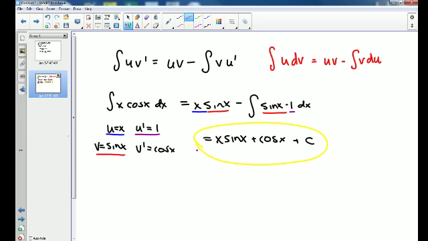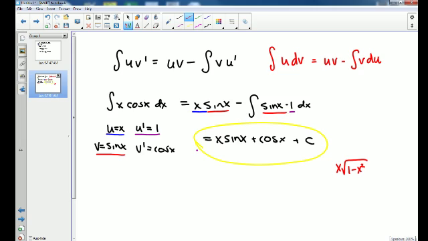Most of the time, u-substitution is undoing the chain rule. So you'll have something like that, which has a composition of functions in it, whereas this is only really a pure product rule most of the time.